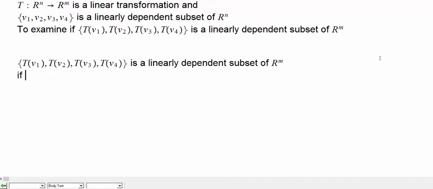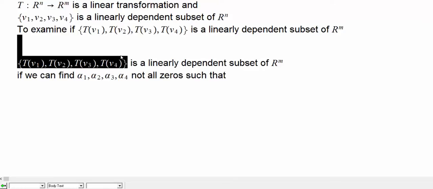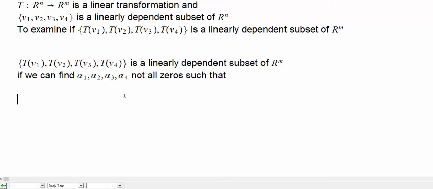Now, one of the criteria to check whether this is a linearly dependent subset of Rm or not is that we can find these coefficients or scalars, say alpha 1, alpha 2, alpha 3 and alpha 4, which are not all zeros, such that the linear combination of these four vectors by using these coefficients is a zero vector.